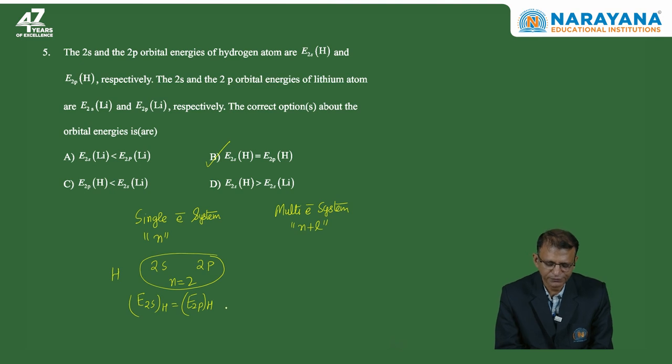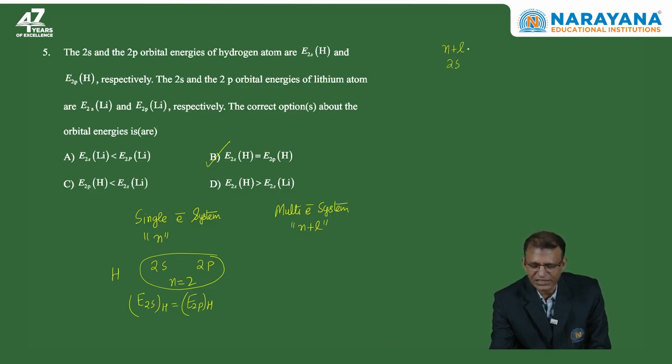Now in the case of a multi-electron system, the energy depends on the principal quantum number as well as the azimuthal quantum number. So if we find the n plus l value for the 2s orbital, it is 2 plus 0, which is equal to 2, and for 2p, the n plus l value is 2 plus 1, which is equal to 3.